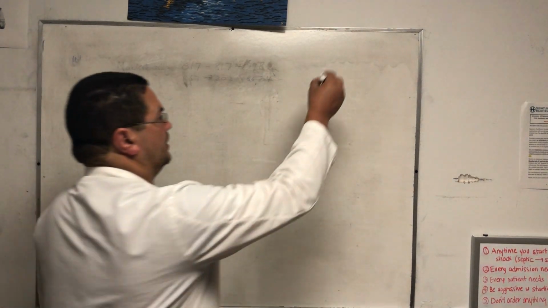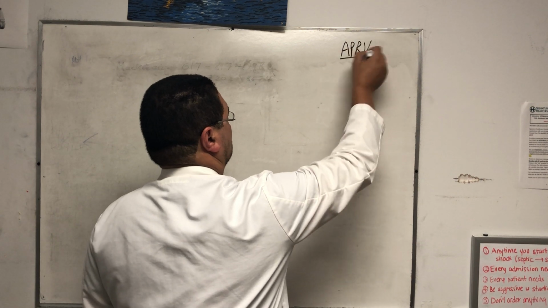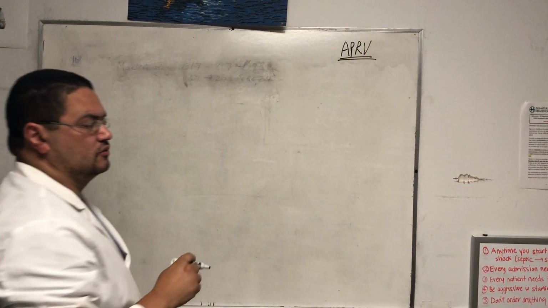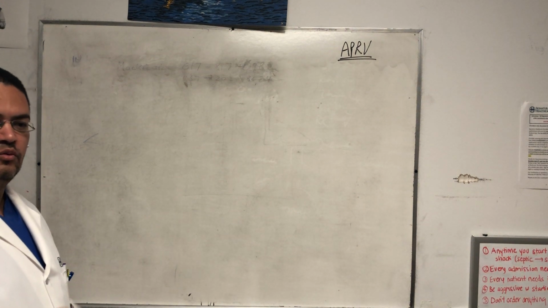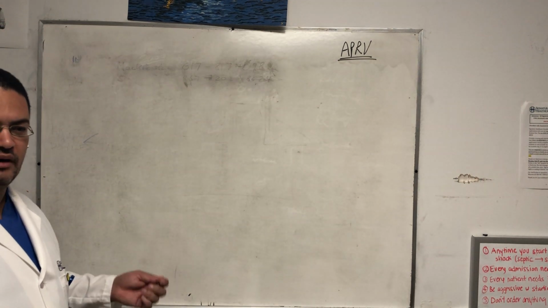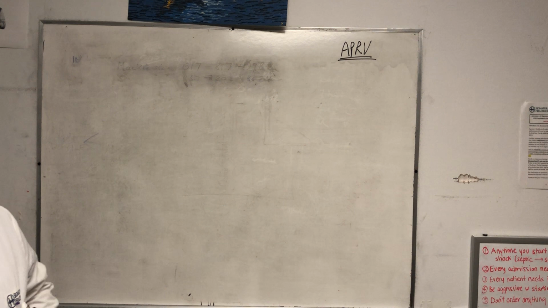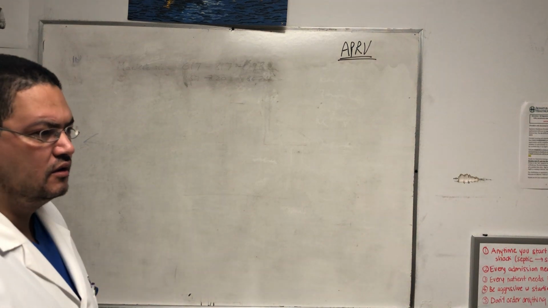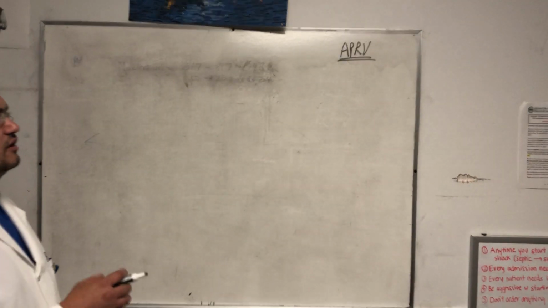All right, so APRV. The need for APRV started when we had patients on pressure control with inverse ratio. Remember we said when you inverse the ratio on pressure control, you have to paralyze the patient. So we had people with pressure control and inverse ratio, which basically required paralysis.